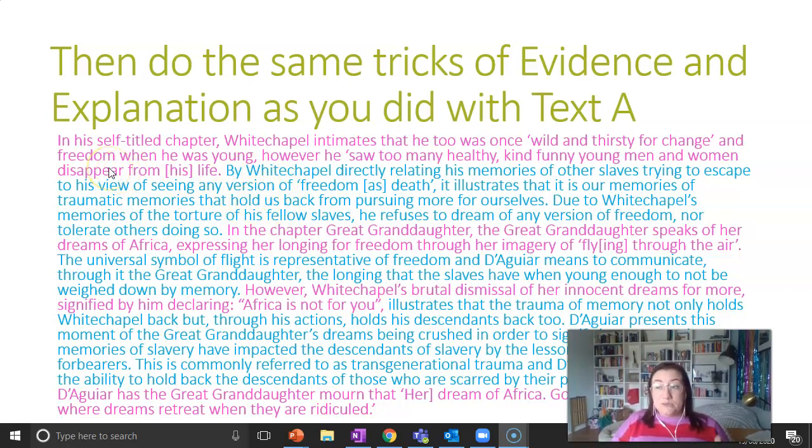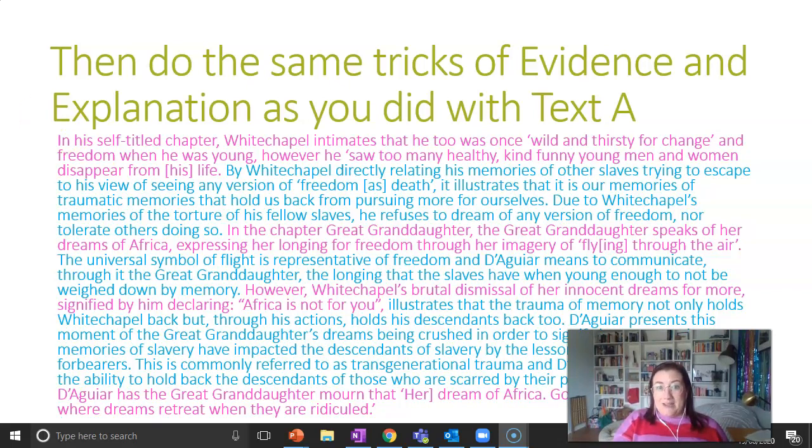I'm still talking about the idea that the pain that comes from the memories is holding these people of colour back from being able to move forward with their lives. You'll notice here I'm doing a very similar thing to what I did in my other paragraph, where I've given several pieces of evidence from the same text and given an explanation of each.